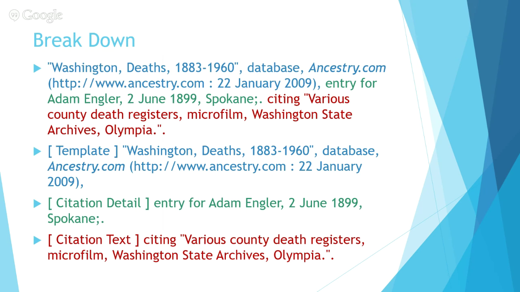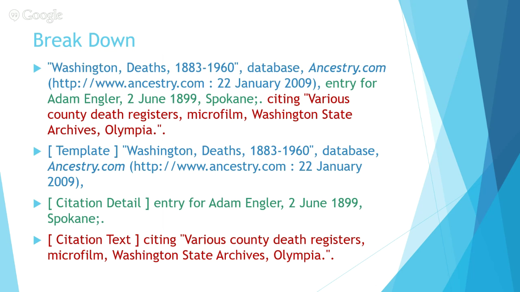And then there is where they got the information. So what this is saying is the information that ancestry.com gave me was citing a collection called Various County Death Registers Microfilm, Washington State Archives, Olympia. So I could, in fact, go back.